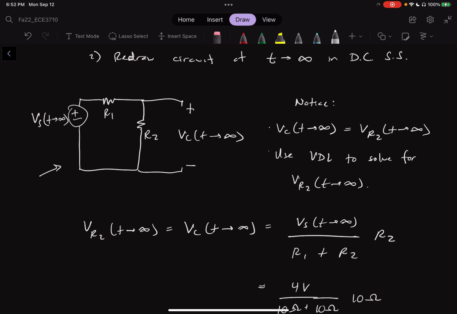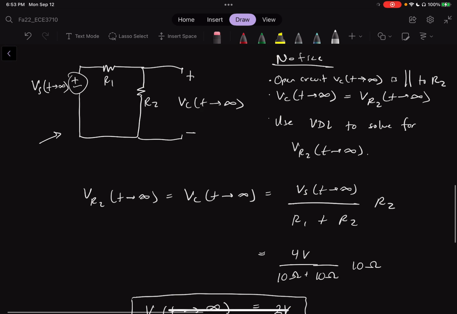That is why Vc of t approaching infinity is equal to VR2. So I should say open circuit voltage Vc of t approaching infinity is parallel to R2. That's what I meant to say.